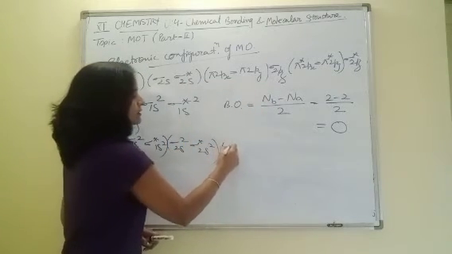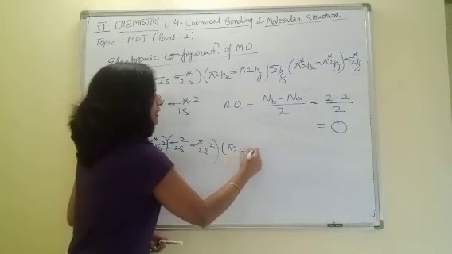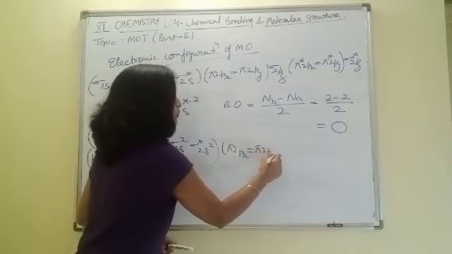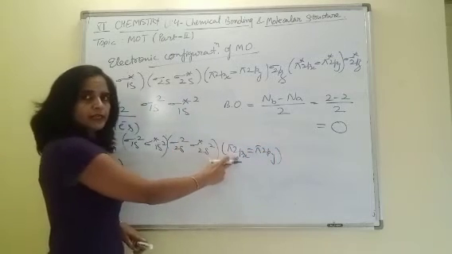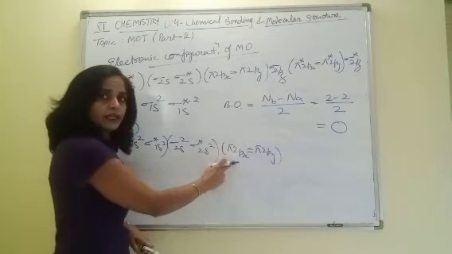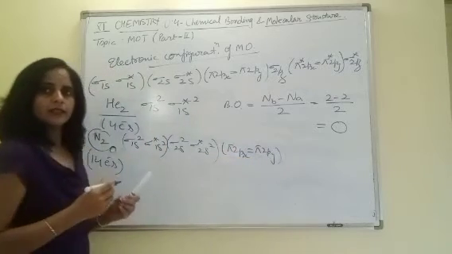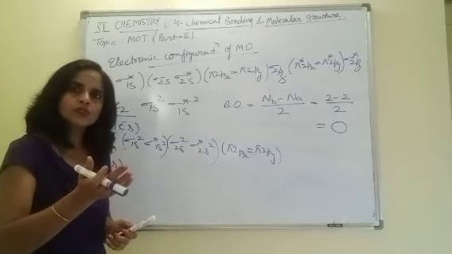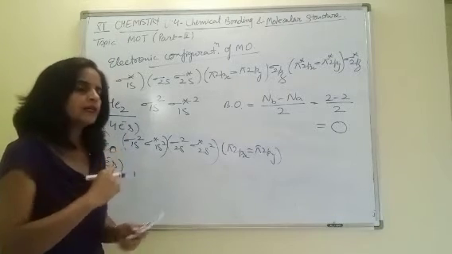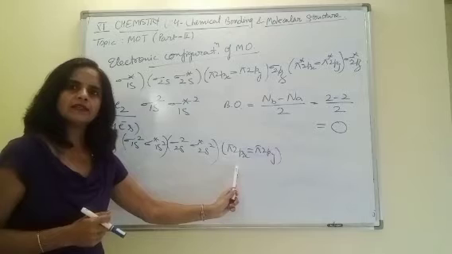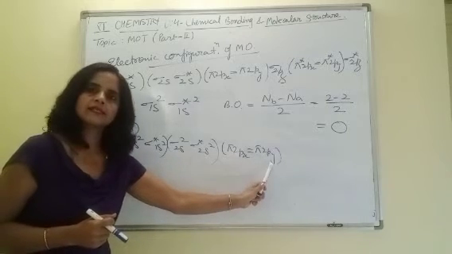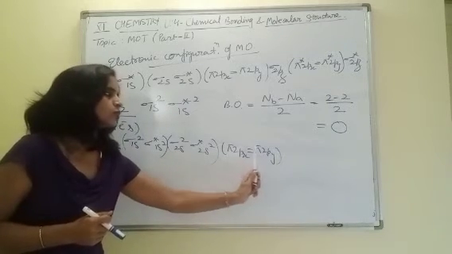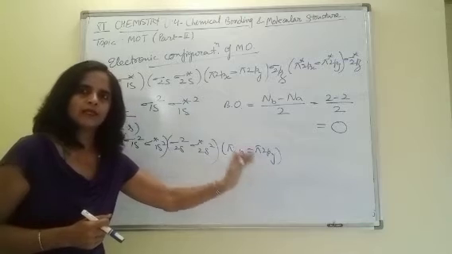Pi 2px equals pi 2py. First electron here, second here, third here, fourth again here. As these are degenerate, Hund's rule we apply here. The first electron will go here, second in this one, third will come here, fourth will go to the pi.